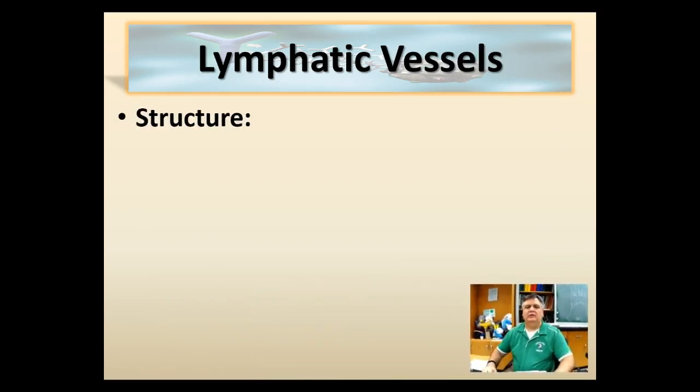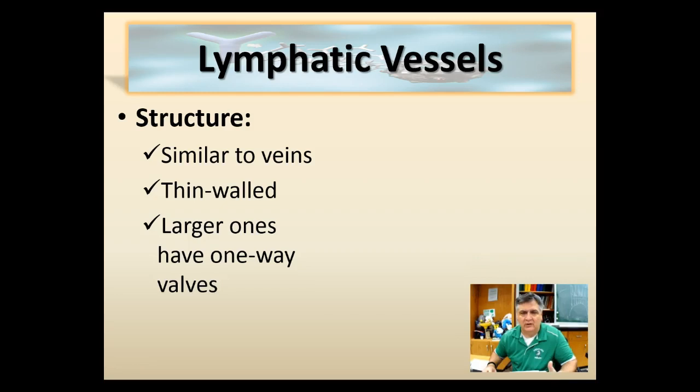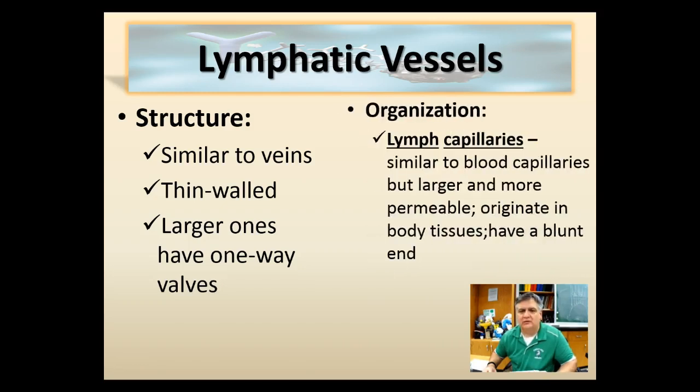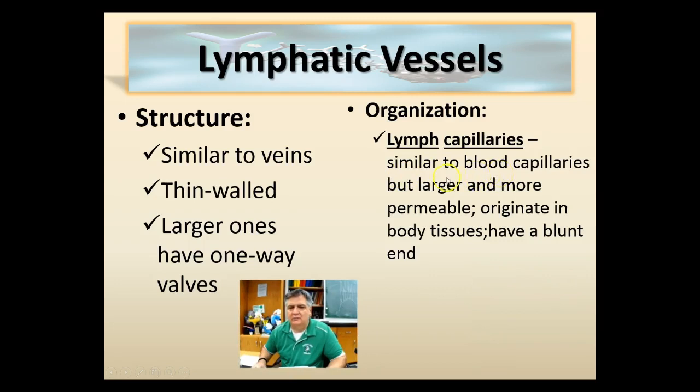All right, next up, let's take a look at the structure of lymph vessels. Now, structurally, lymph vessels are very similar to veins. They are thin-walled like veins are, and so they're collapsible if they don't have any lymph inside them. And the larger ones, just like veins, also have one-way valves. The organization is very similar to veins. You start out at the lymph capillaries, which are very similar to blood capillaries, but lymph capillaries are larger and tend to be much more permeable than blood capillaries.